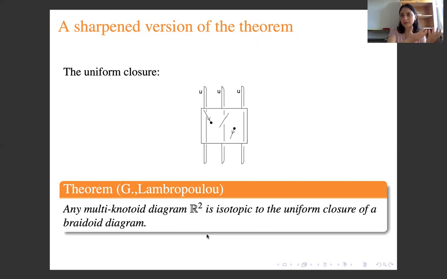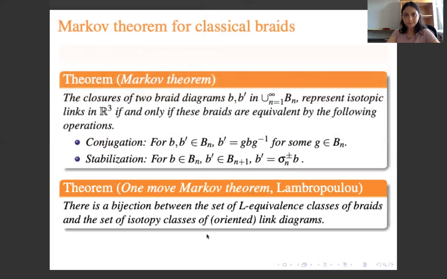And we obtain a homogeneous labeled braidoid diagram, which can be considered as just the braidoid diagram without any labelings on it, with the bijection map in between, so that it can be considered as a sharpened version of our theorem, this result. So we have also proved a Markov theorem for braidoids.